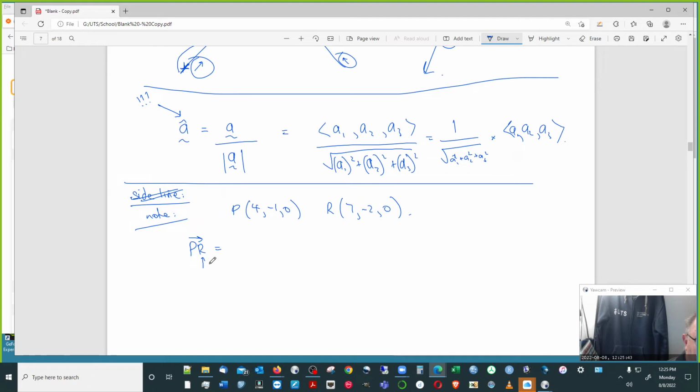That's what we'd be looking to do. So we'd be looking to take 7 minus 4, minus 2 minus 1, and 0 minus 0 in component form. So that would be 7 minus 4 is 3, minus 2 minus 1 is minus 2 plus 1, which would be negative 1, and that would remain 0. So that vector PR is expressed that way. So you go to the outside one and subtract it.